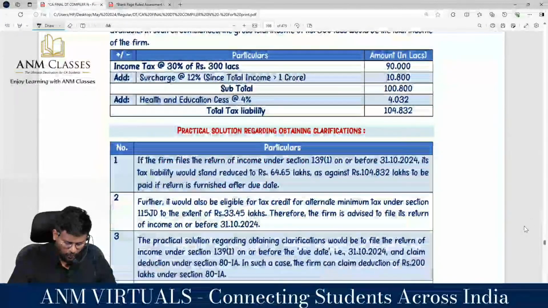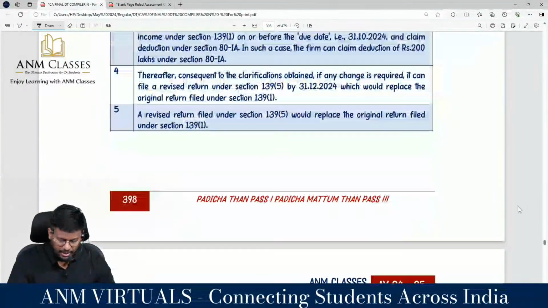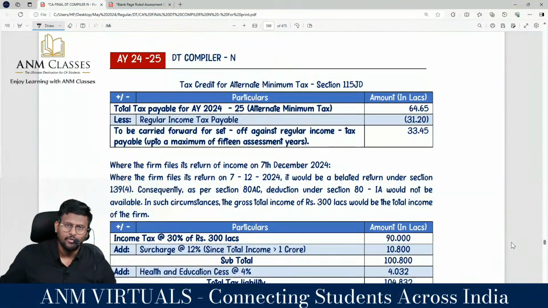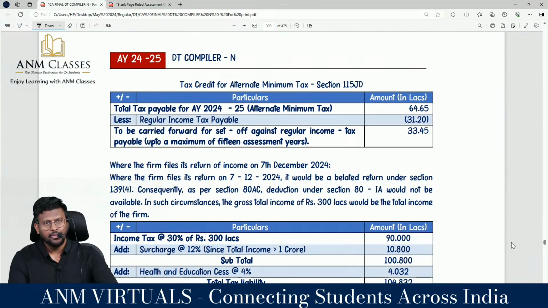If you are thorough with PGBP, capital gain and IFRS, this is exactly the same computation of total income. We have already done the computation of total income, my dear lovable students. So exactly the same. If you are having control there, here also you will be having control. So you yourself can try those questions.